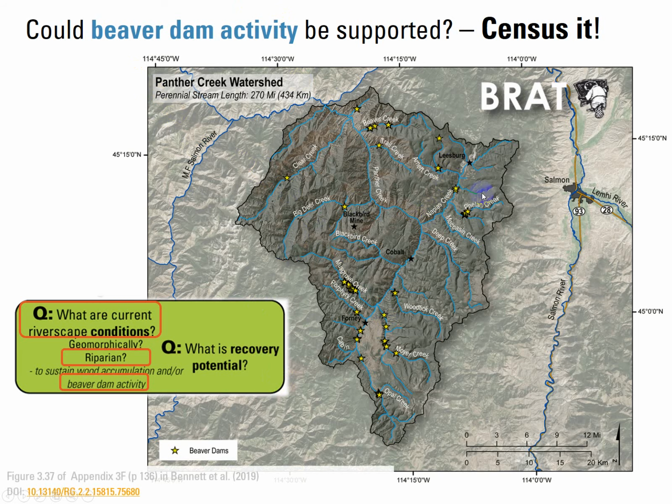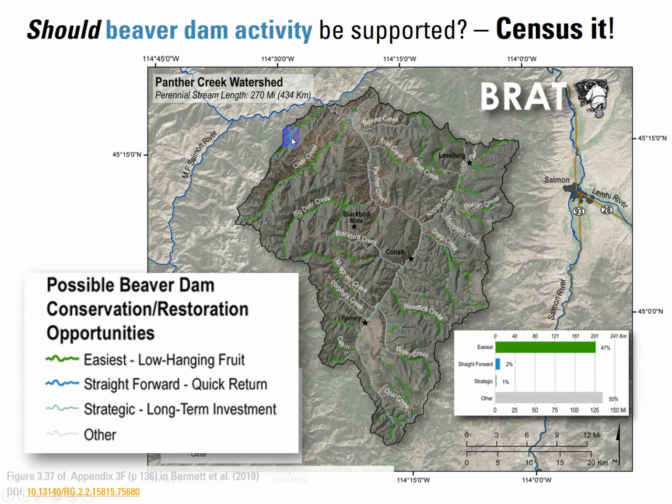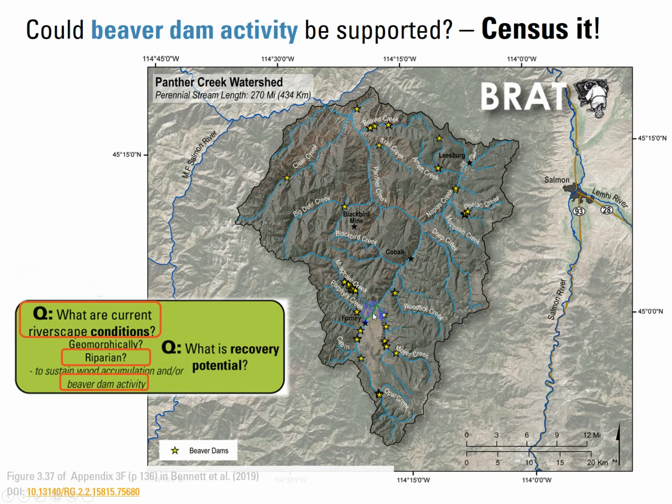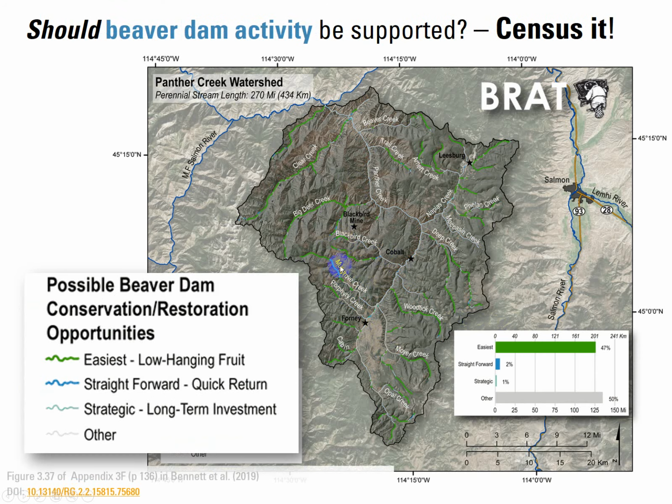Mapping beaver dams is a really straightforward and extremely useful exercise to get a handle on. And so there's a lot of ways you can do that. When you have beaver dams mapped, it helps you look at, instead of lumping together conservation and restoration opportunities, the context of areas that have high capacity and already have a lot of beaver dams, like that Musgrove Creek.